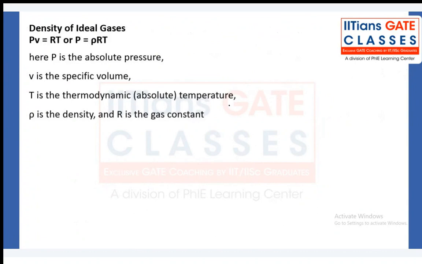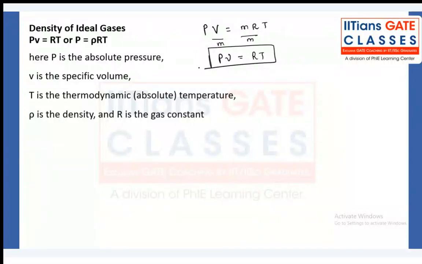Please note down the density of an ideal gas. How to calculate the density of an ideal gas? By using the ideal gas equation. What is the ideal gas equation? PV is equal to what? mRT. If we divide by m, we are going to get P into v, which is equal to R into T. The important thing is that P is absolute pressure, v is the specific volume, T is the thermodynamic absolute temperature, rho is the density.